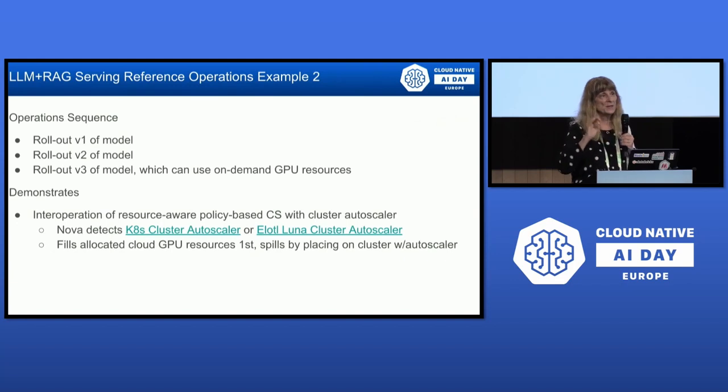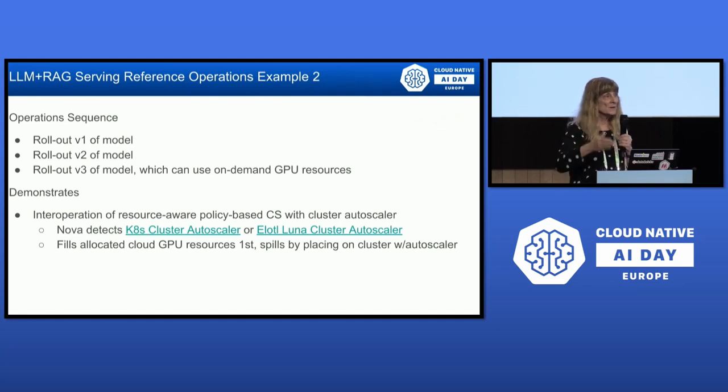But the Nova cluster scheduler recognizes if a target workload cluster that it's managing has an autoscaler running in it. It currently recognizes the Kubernetes autoscaler and the Elotl Luna cluster autoscaler.